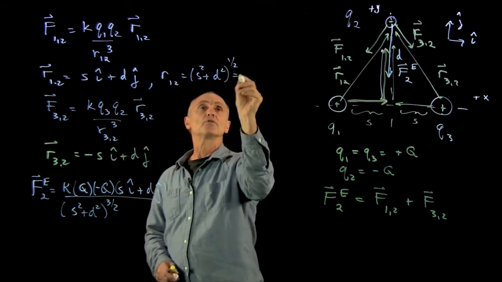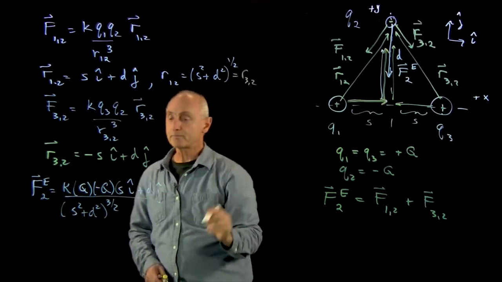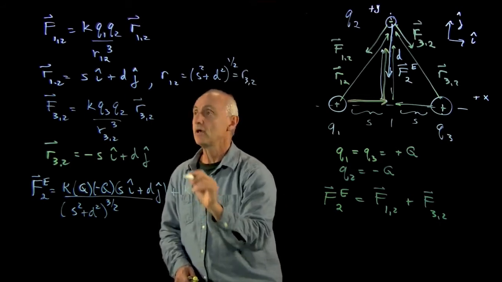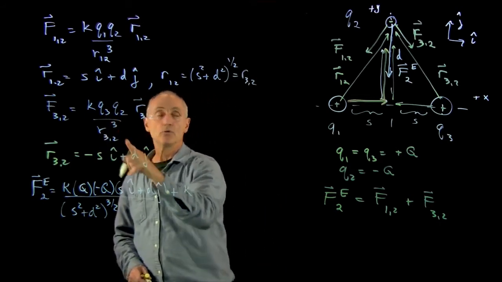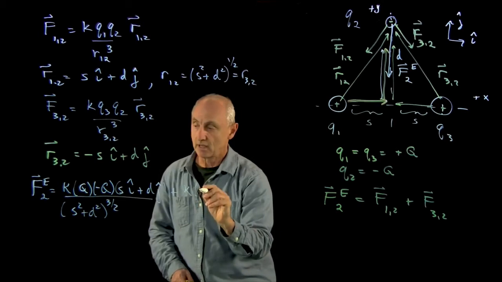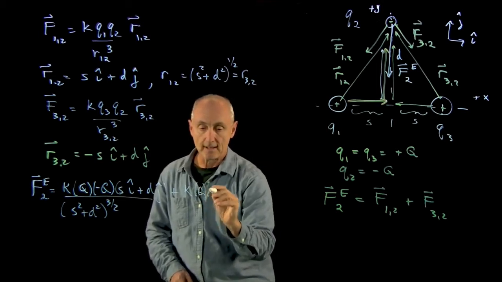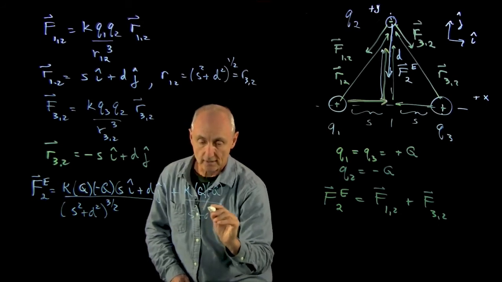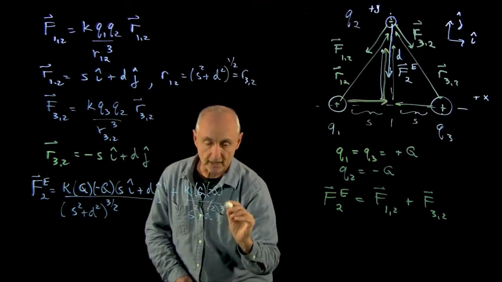This is also equal to r3,2. And I have to add to that k q3 q2. Again, that's a q and a minus q over s squared plus d squared to the 3/2.